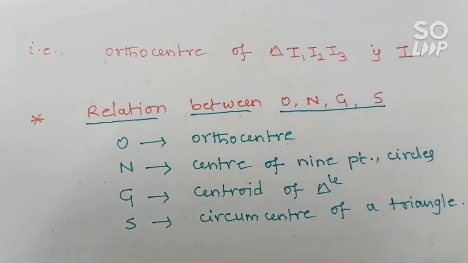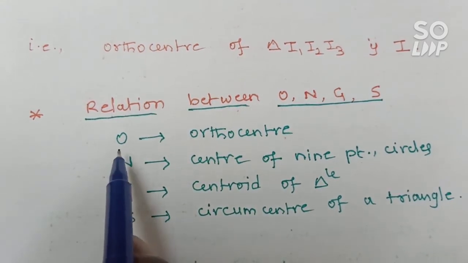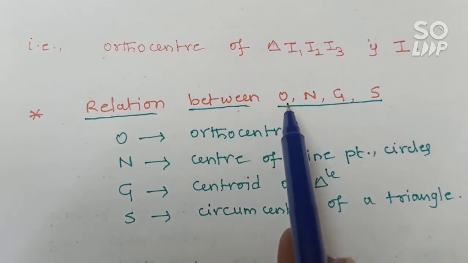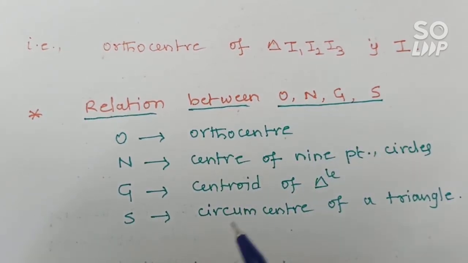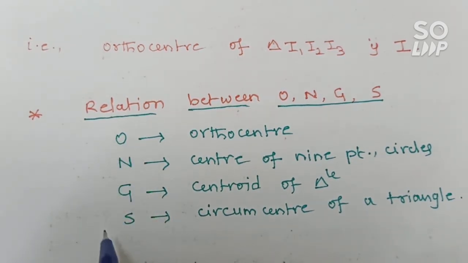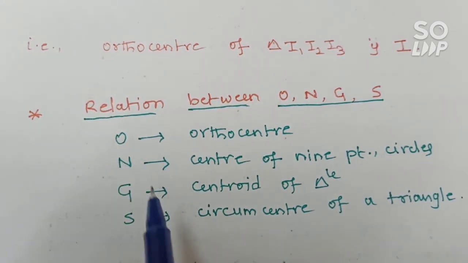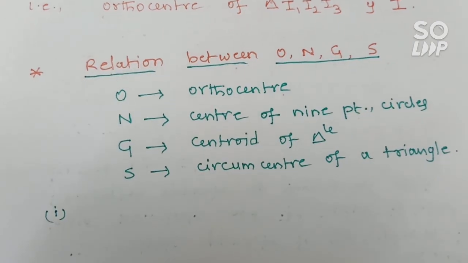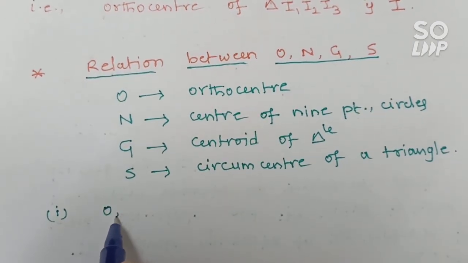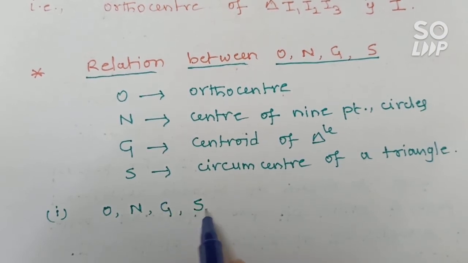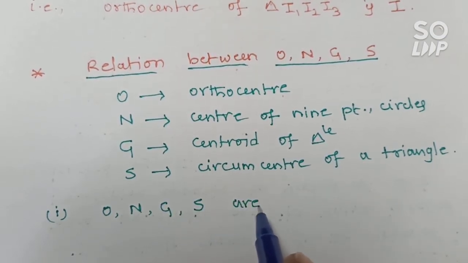So these are the meanings of O, N, G, S. In a triangle, all these points will be collinear.